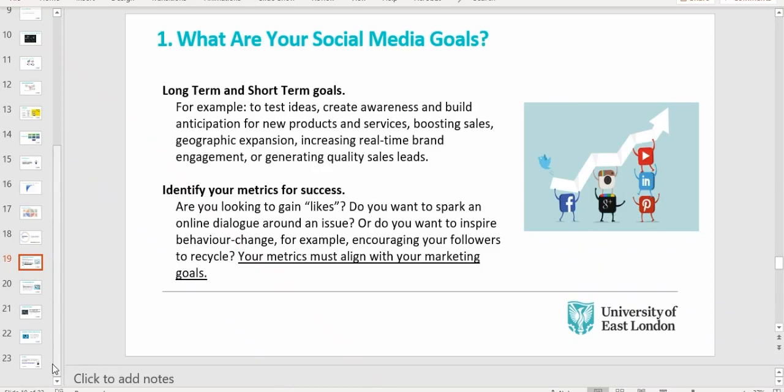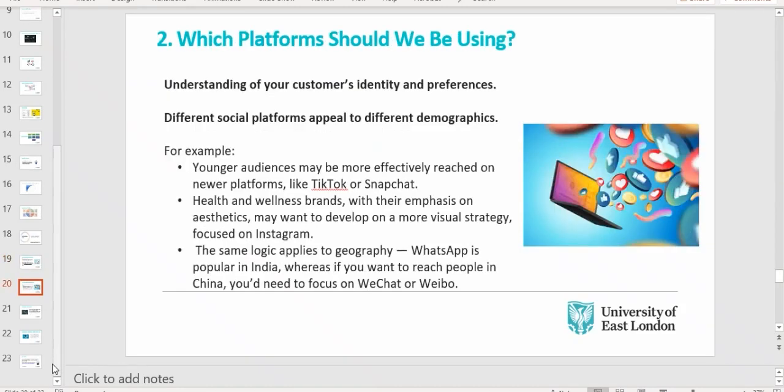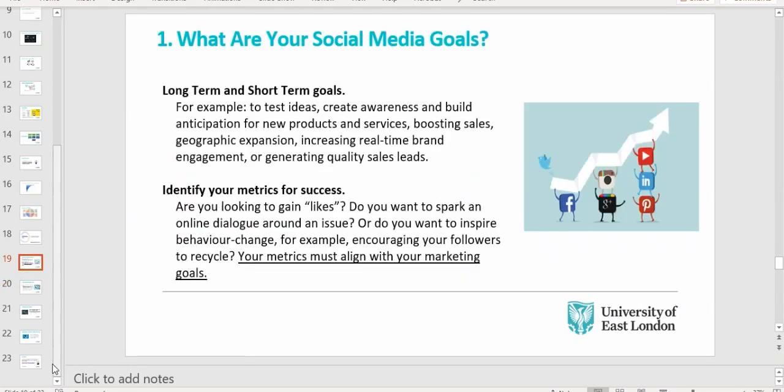If you want, in the long term, for example, to create a brand awareness or an awareness of a particular program, that would be a completely different goal. And to achieve this goal, you might choose completely different platforms to do that.